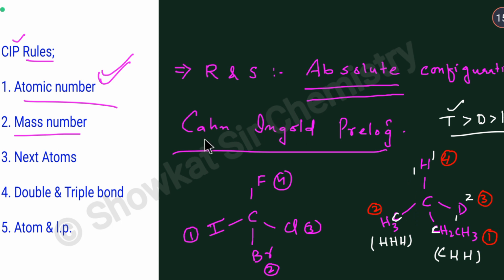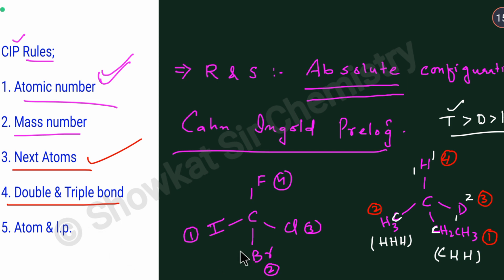First you have to check the atomic number, right? Then you move to the mass number, then to the next atoms. If on the basis of the first atom we cannot determine the priority, then we have to move to the next atoms. I hope you have understood this. And similarly we have double and triple bonds.